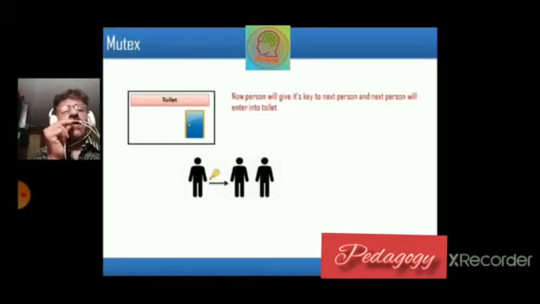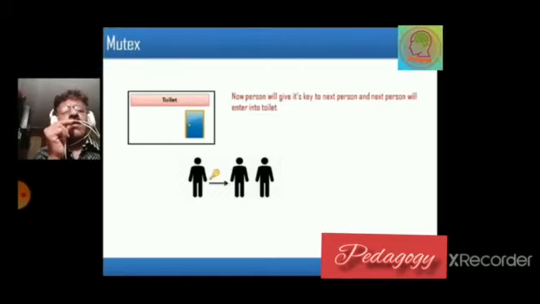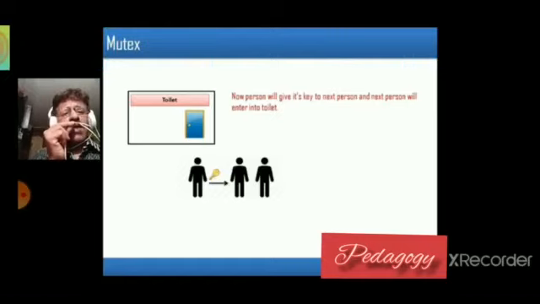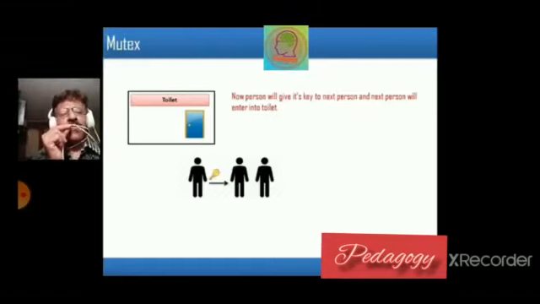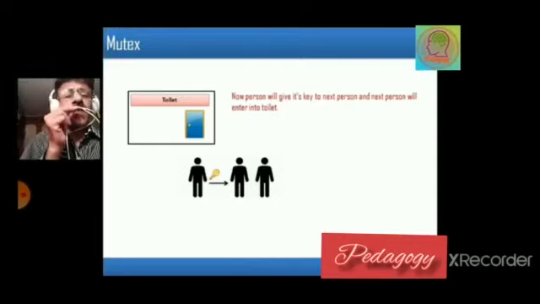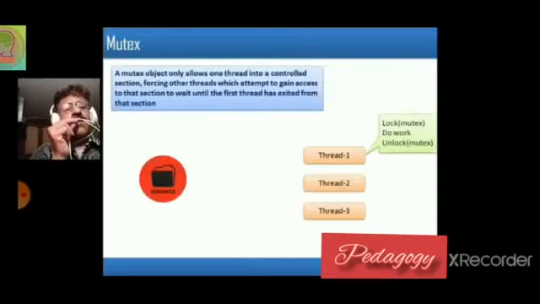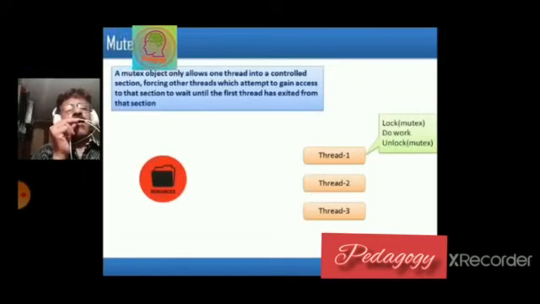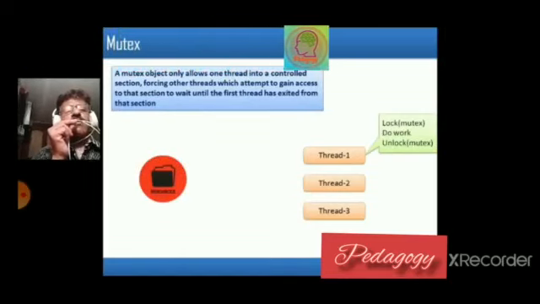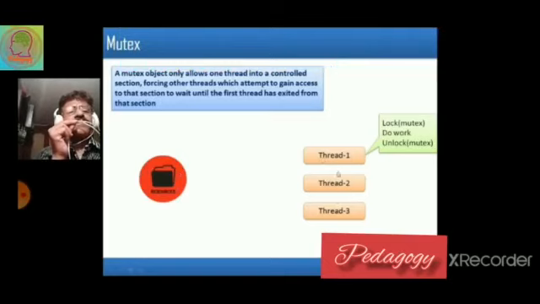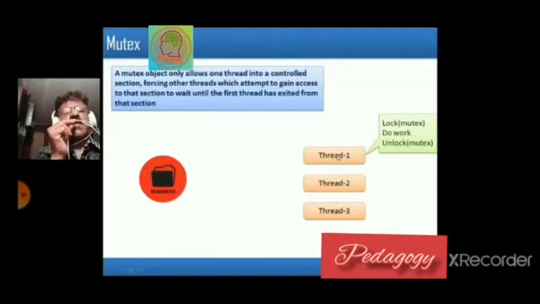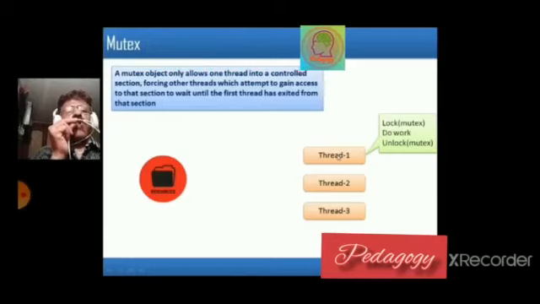So in the Mutex, whenever a key is occupied by any person, that means any process, then the object is treated as controlled by a process. That means Mutex allows one process.